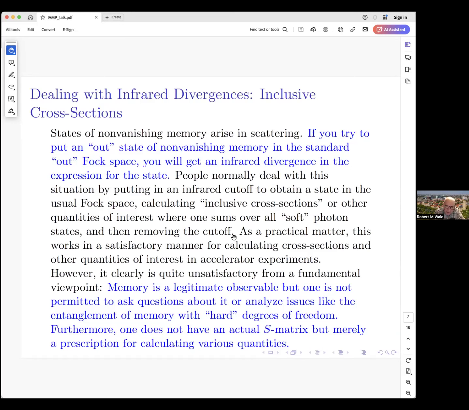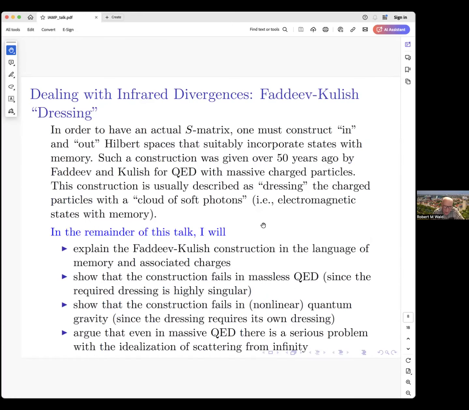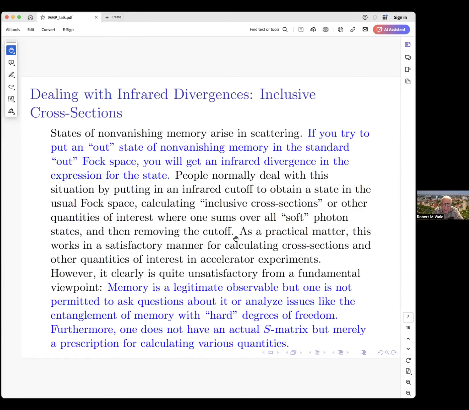And then after you have computed these inclusive cross sections, then you can remove the cutoff. And this works as a practical matter perfectly well for calculating the kinds of quantities that are typically of interest for accelerator experiments, but it's definitely quite unsatisfactory from a fundamental viewpoint, really for two things.